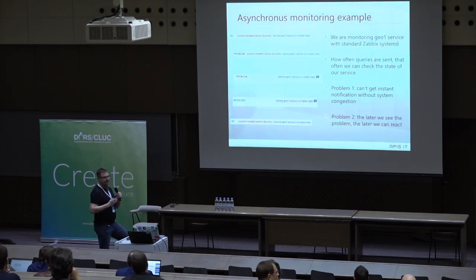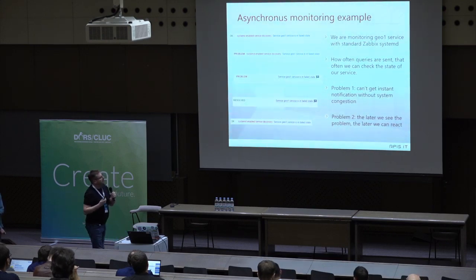Okay, we got notification, we are working, the problem is resolved, but we do not know that until the next query. So everything is okay, Zabbix has notified us that the issue is resolved and changes the status in OK. But how often the queries are sent, that is for us to determine.